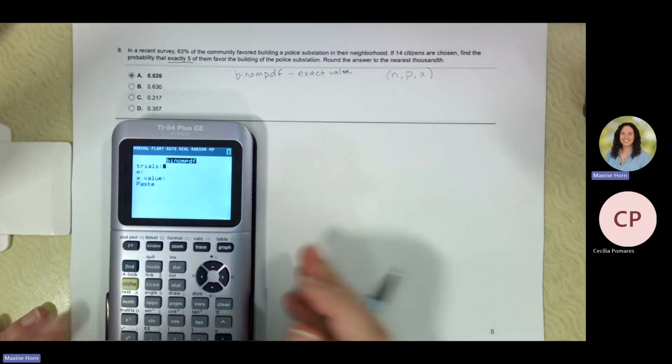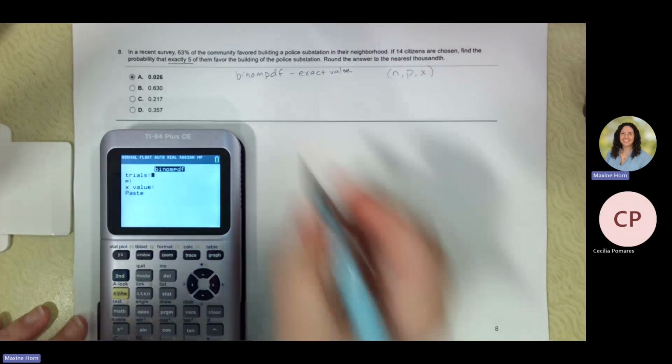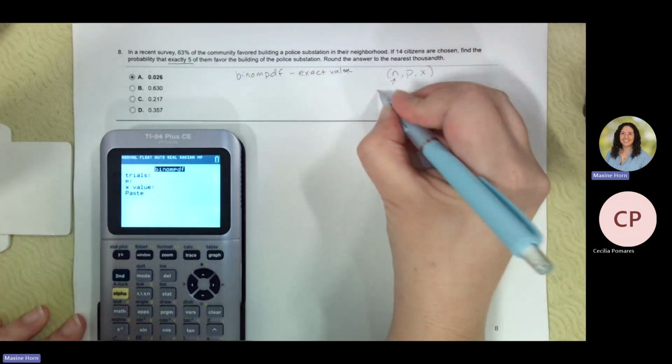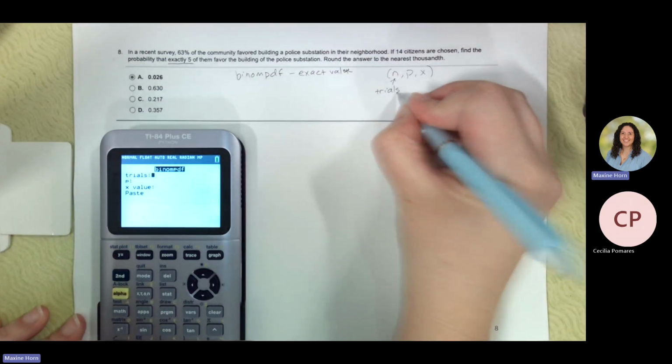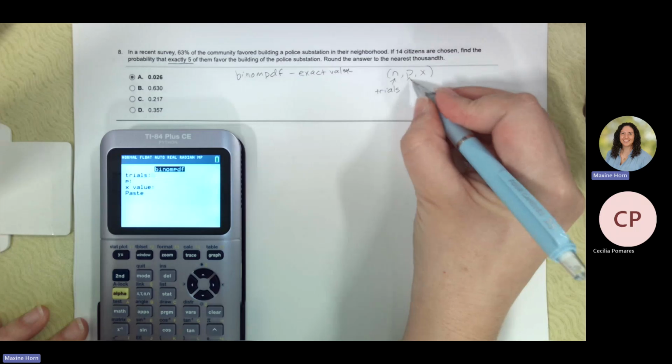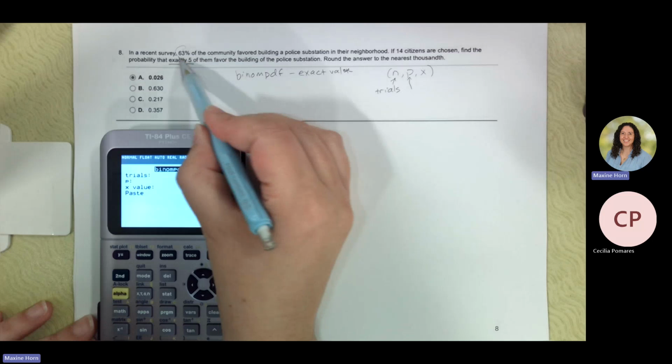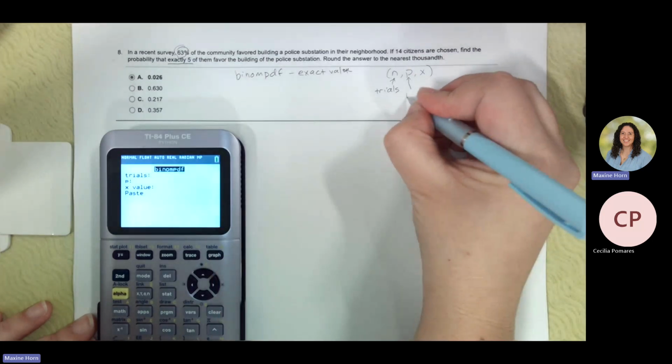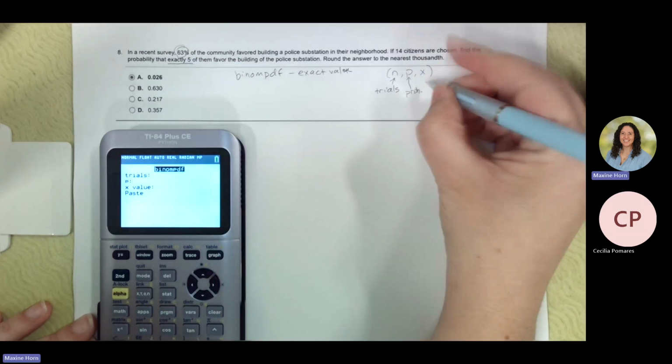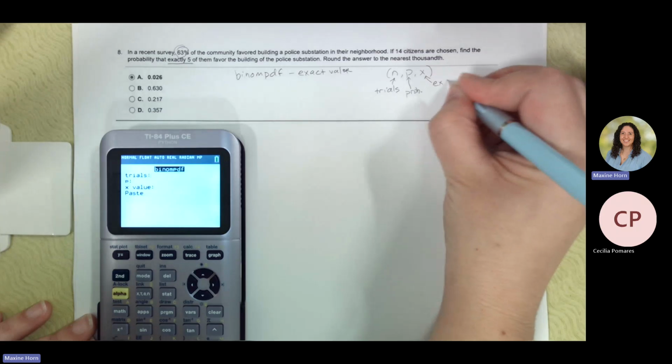So let's label these. N is your trials. P is the probability of the particular thing happening, so that's this number right here. And X is the exact value that you're looking for.